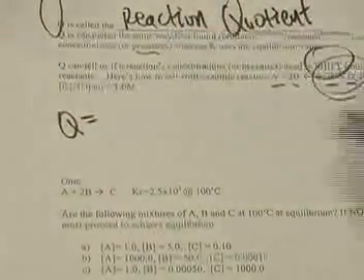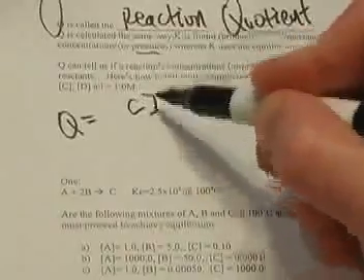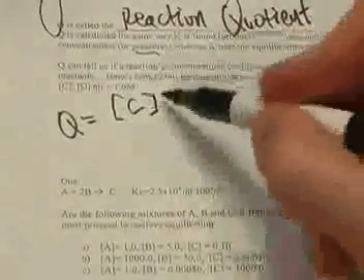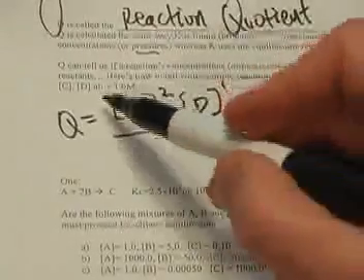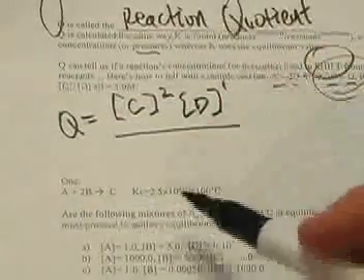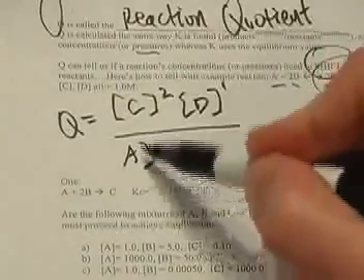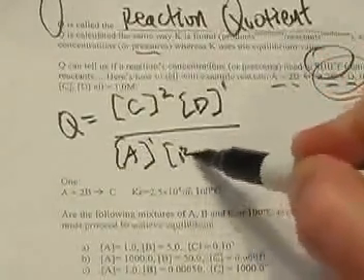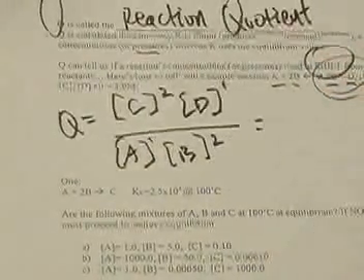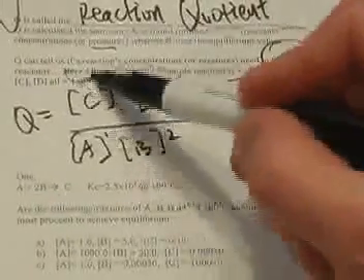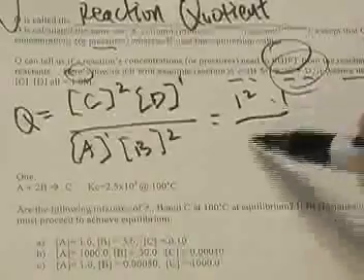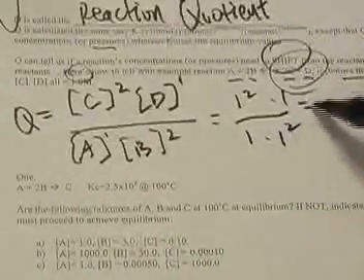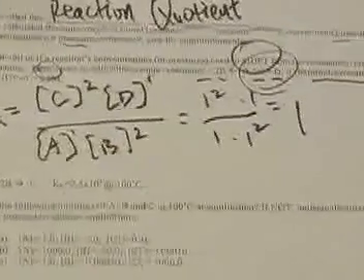For this, you take products, C, I'll write it in brackets because we'll assume it's in concentrations, to the second power, times D to the first power, divided by the reactants, A to the first power, times B to the second power. And we'll put in 1 for each one of these because they're all 1 molar. So 1 squared times 1 divided by 1 times 1 squared. We end up with Q equaling 1.